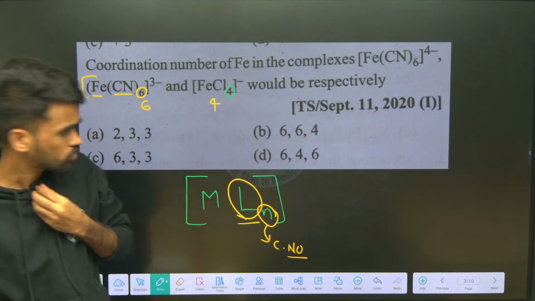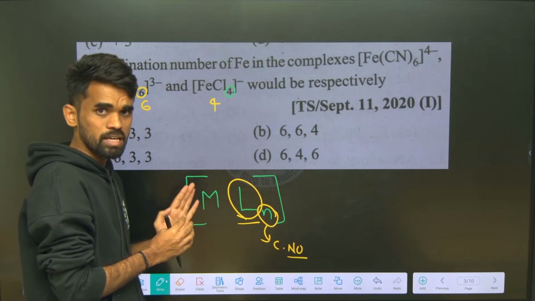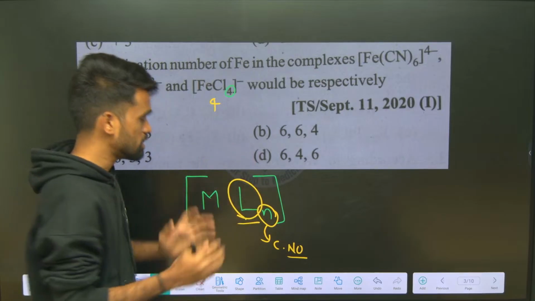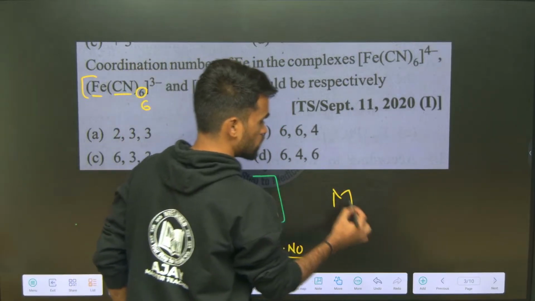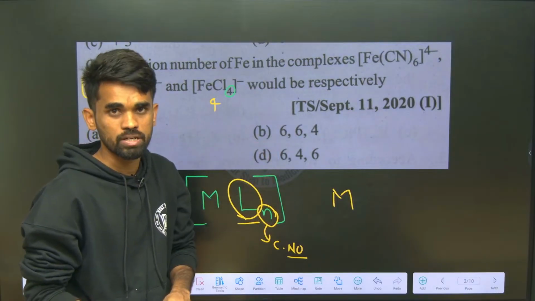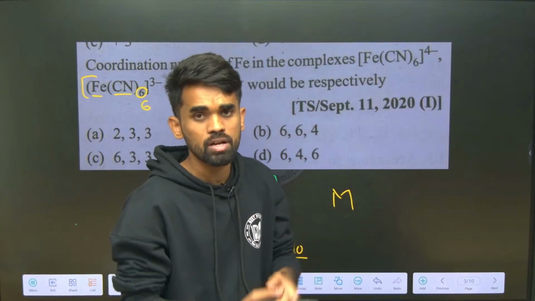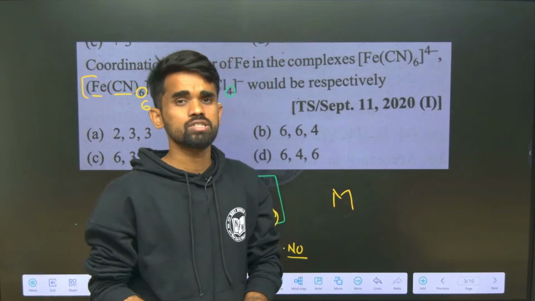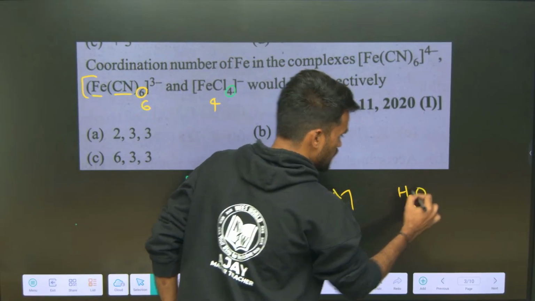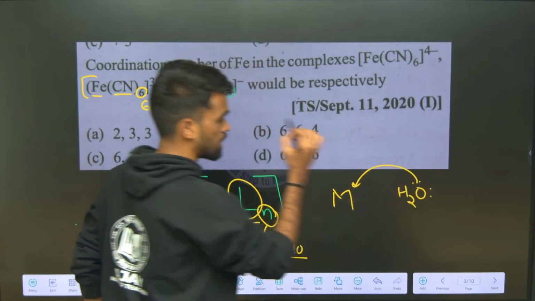A complex is a composition of both. When I say metal complex, it contains one metal attached with ligands. Generally we know metals are electropositive. When you keep this metal ion in a ligand solution, meaning you can place it in water, or in ammonia solution, or in some other species, let us say I am keeping this in water. The water molecules will surround the metal ion.